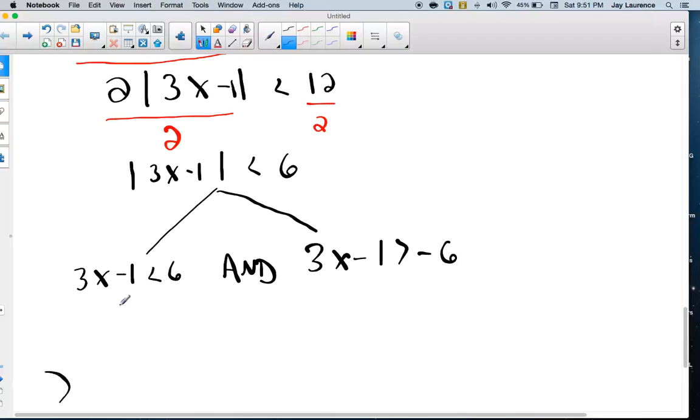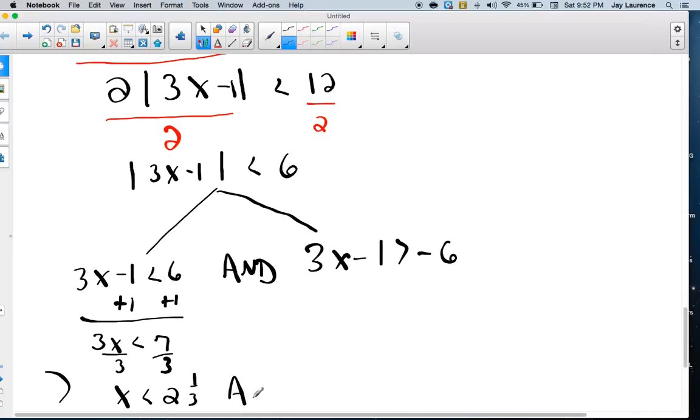Okay, so now I'm going to solve each part. I'm going to add 1, and I'm going to get 3x is less than 7, and then I'm going to divide by 3, and I'm going to get x is less than 2 1/3. And again, it's not wrong to put 7/3 there. It just doesn't make sense to me when I go to use a number line.